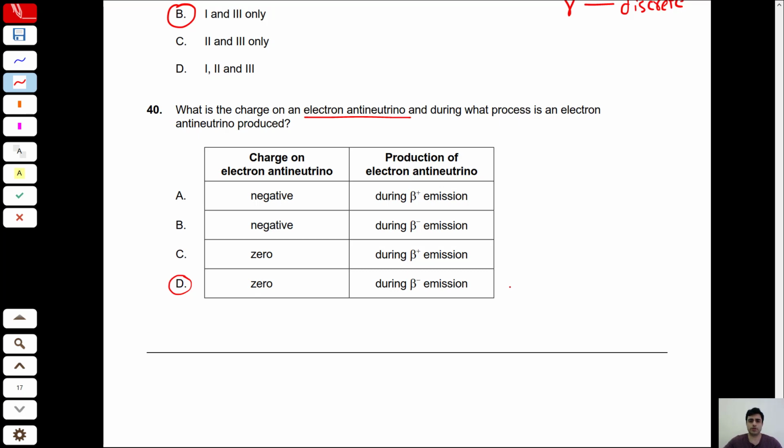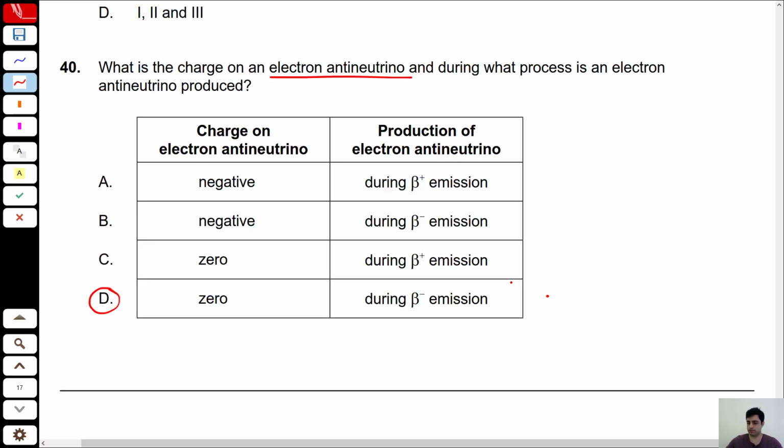Okay. So let me teach you how beta negative particles are actually produced. Imagine if you have a neutron. A neutron is neutral, so it has a charge of 0 and a mass of 1, right? So when a neutron decays into a proton that has a charge of +1 and a mass of 1, plus, because we have to conserve charges, the total charge on the left hand side is 0, hence the total charge on the right hand side must also be 0.